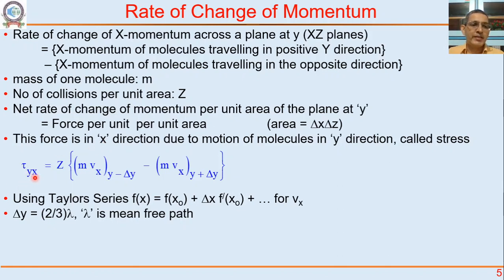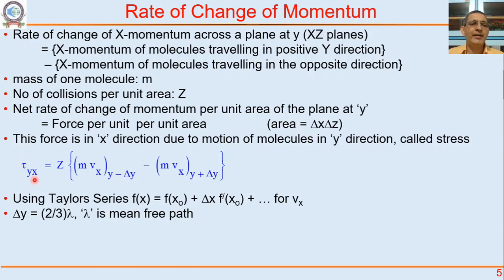We denote this stress as yx. Another thing to remember: why yx? We are talking about momentum in the x direction, that's why this subscript x. And this transfer of momentum has occurred because the molecule has moved in the y direction. Therefore we are going to call this stress tau yx.